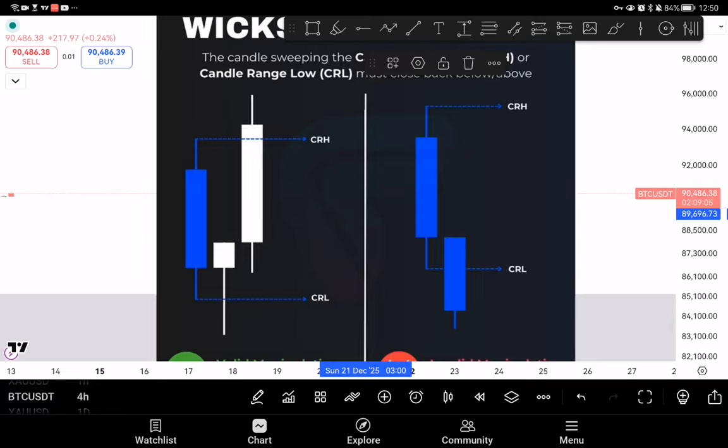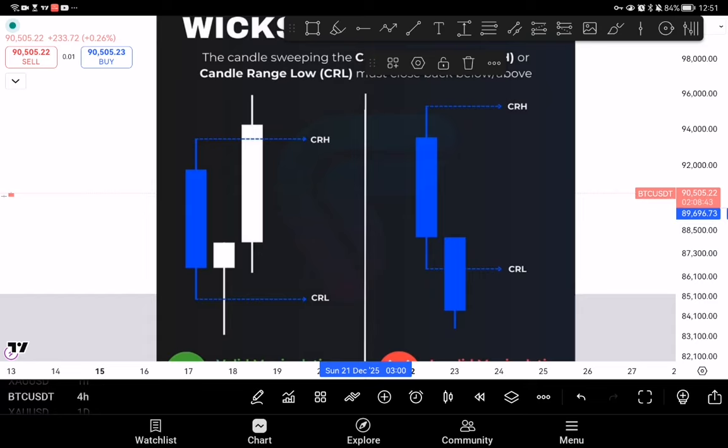The second one is a hammer candlestick, because sellers came to this market and tried to sell it to the downside, but they didn't succeed. That is why it took out the CR low and closed inside this first bar.